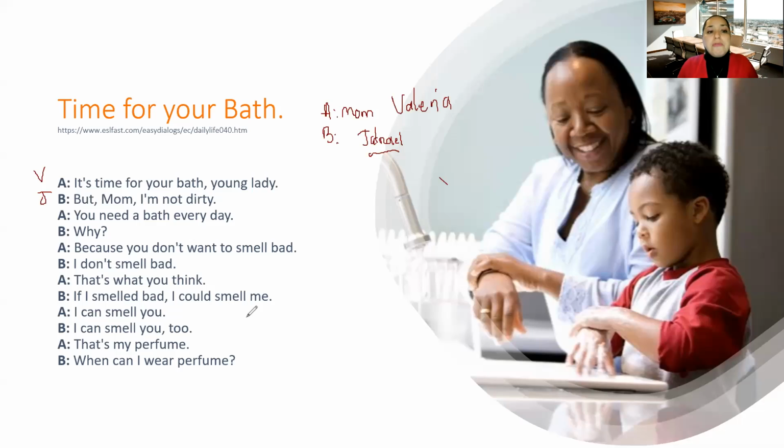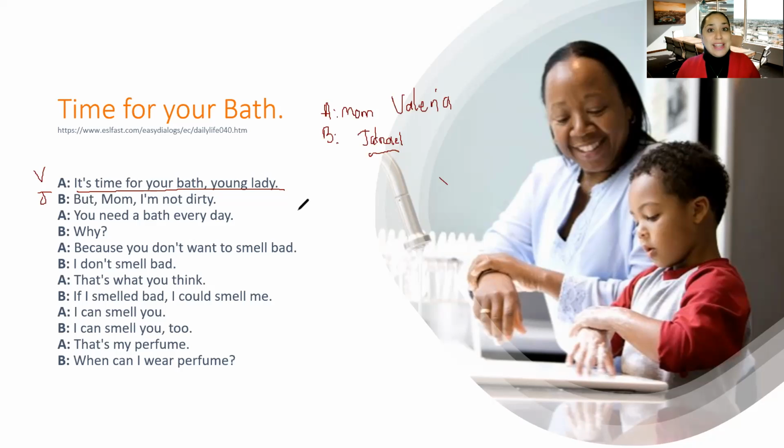So it's like, it's time for your bath, young lady, but Mom, I'm not dirty. You need a bath every day. So how did the conversation start? Mom tells the child, it's time. There's no question, it was almost like an order.